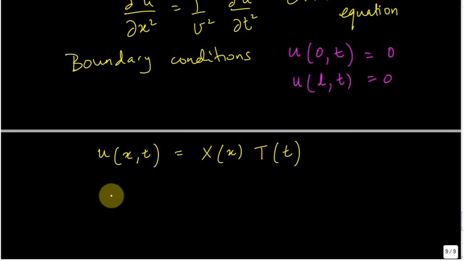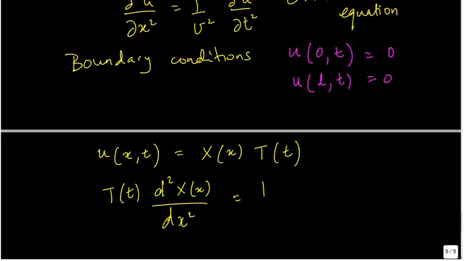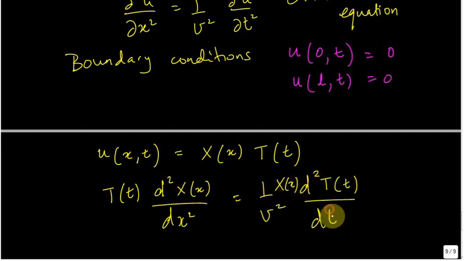So what I get is T comes out to be a constant for that, and then I have an ordinary differential, not a partial differential, because I am just doing it for a function of small x, and the right hand side comes out to be d square T by dt square.